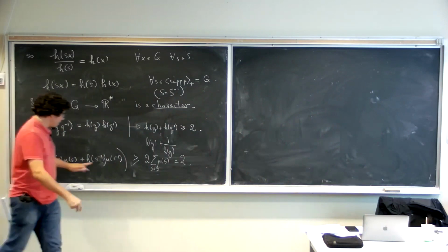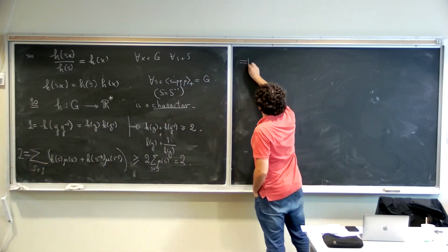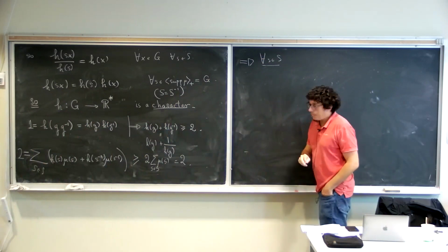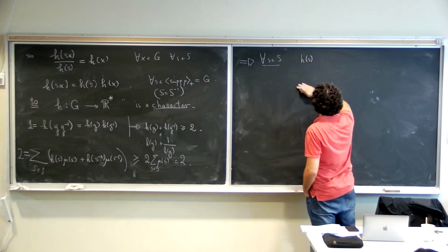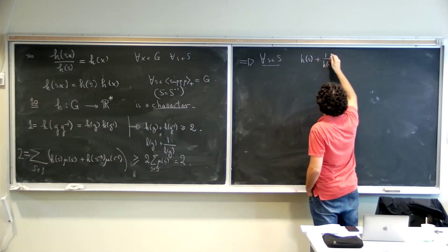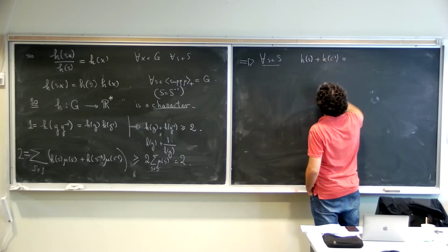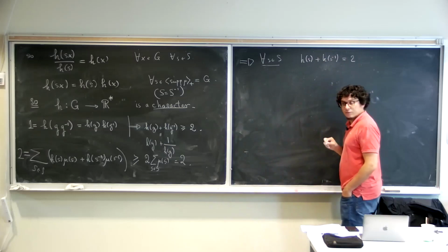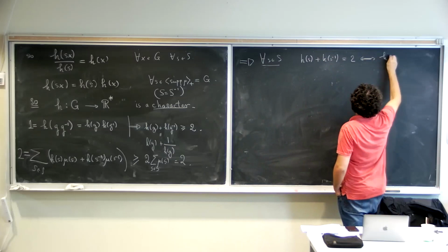Let's see what happens. We need that for any S in the support, H(S) plus 1 over H(S), or H(S) plus H(S inverse), is equal to 2. But this is only the case if H(S) is 1.